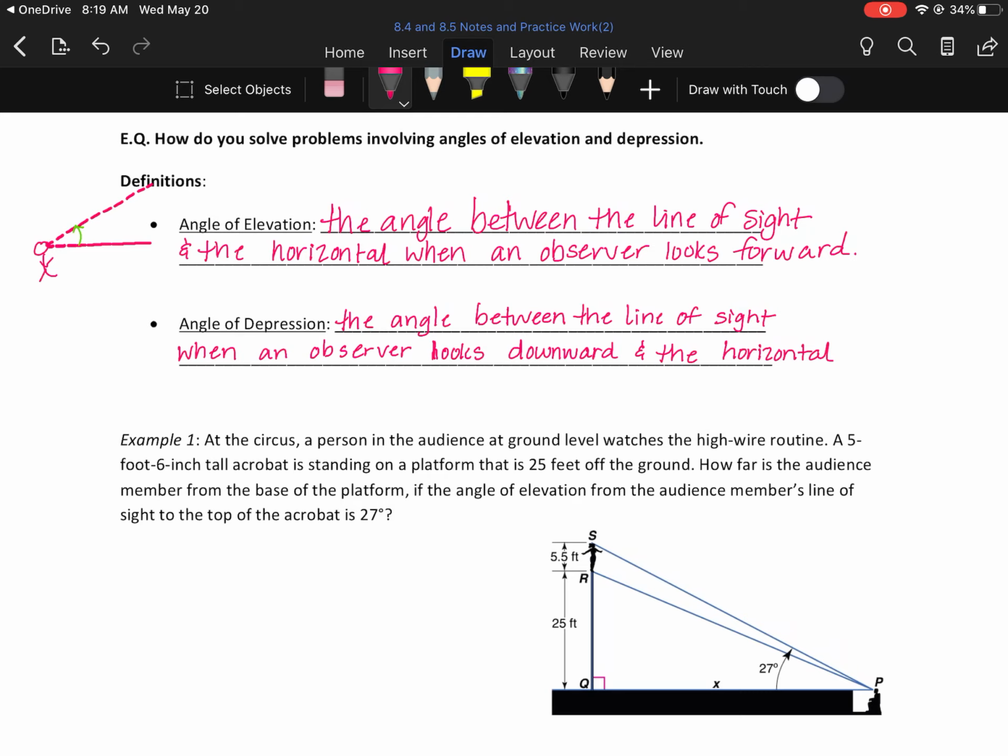All right, so elevation, we're looking up. Depression, we are going to be looking down.